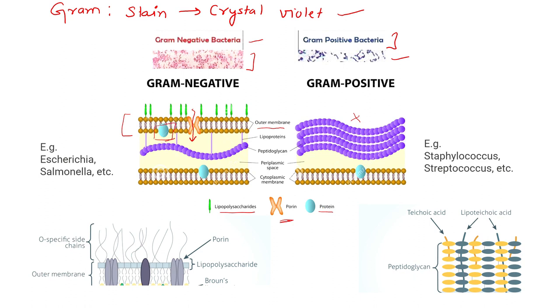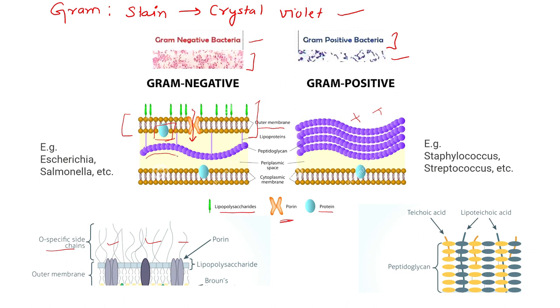If you further zoom in on this outer membrane, you can see thread-like structures. These are called the O-specific side chain. So this whole outer membrane is absent in gram-positive bacteria. This is the first difference.